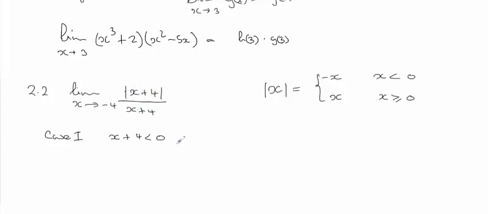In other words, the limit is going to be the limit as x tends to minus 4 of minus (x plus 4) over x plus 4.